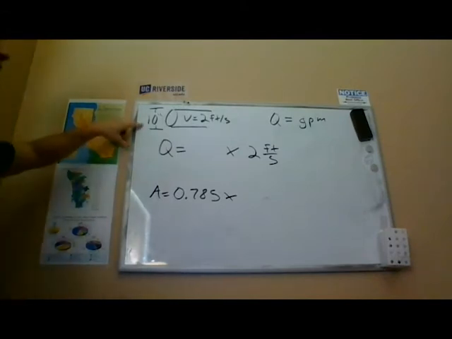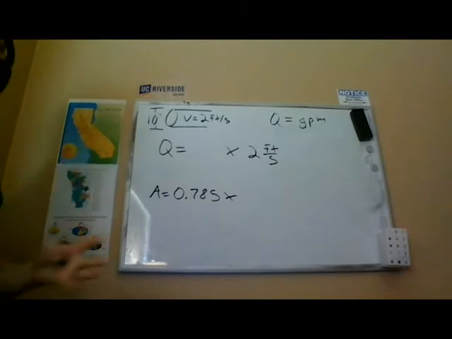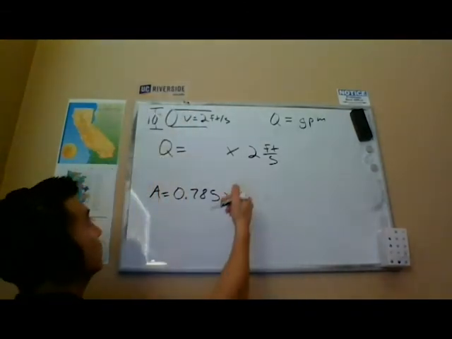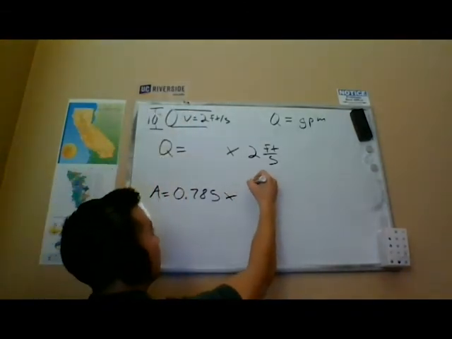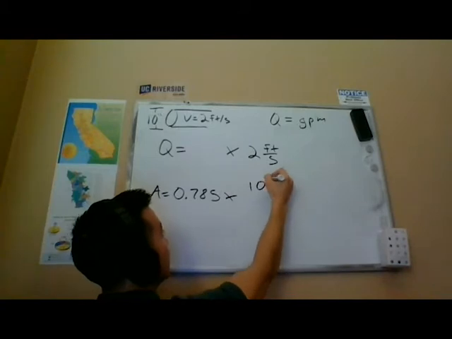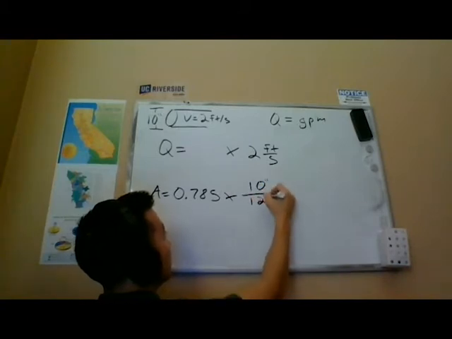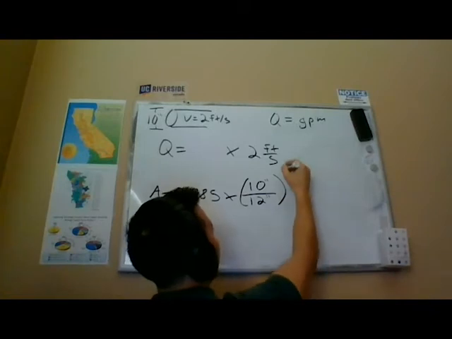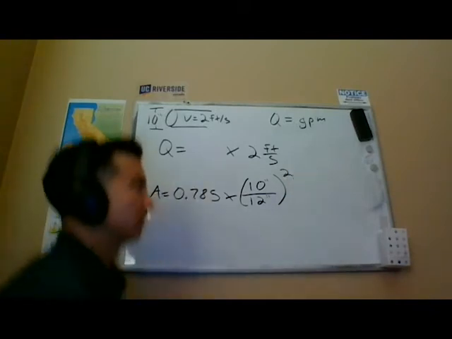Now, this one's a little more difficult because what is 10 inches out of a foot exactly as a fraction or a decimal? It's a little bit more complicated. So one way that I like to do these types of problems, I want to almost think of this as being 10 inches over 12 inches, and that's going to get me to a foot. So I want to think of that being squared.